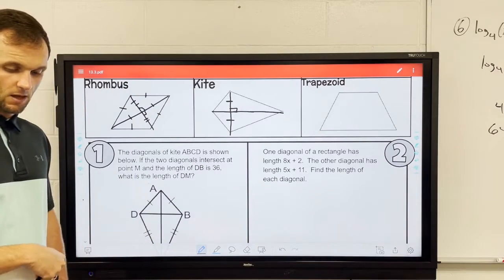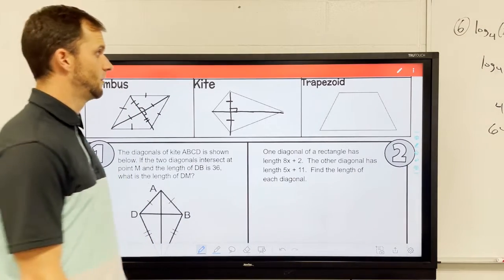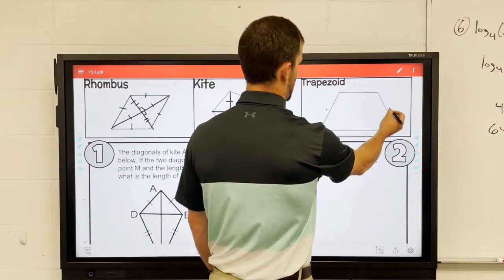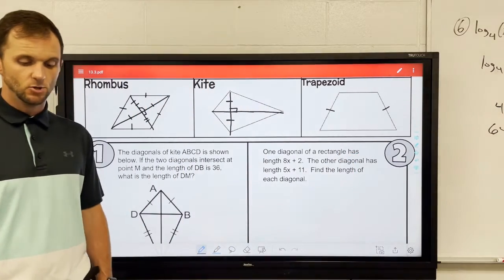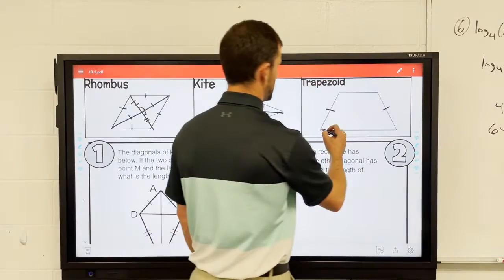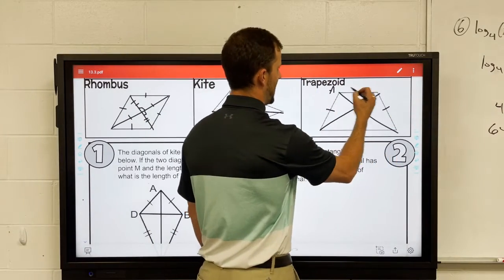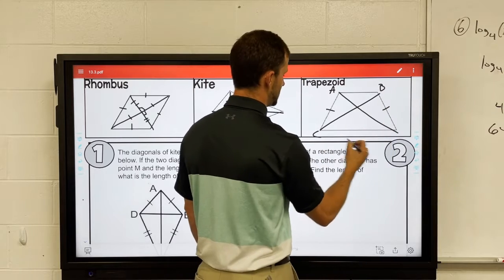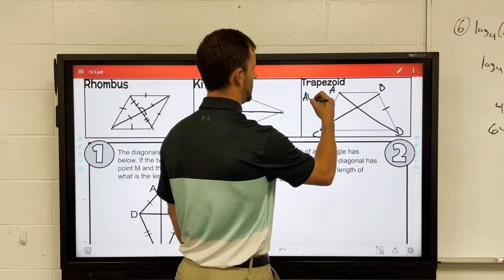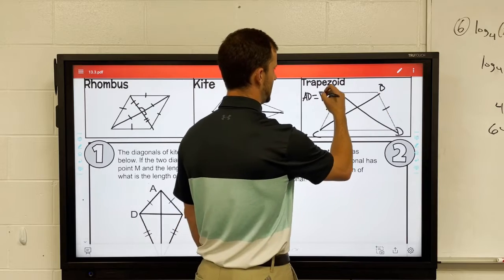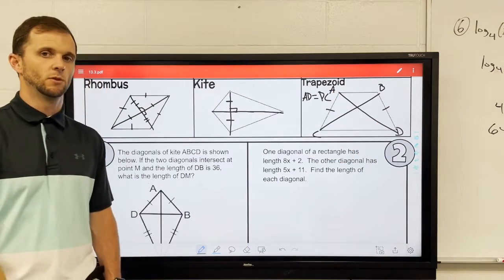Now lastly, on an isosceles trapezoid, remember this is only for an isosceles trapezoid, your diagonals are going to be congruent. If this was A, this was B, this was C, this was D, that means A to D would be equal to B to C. So the whole diagonals would end up being congruent to each other.